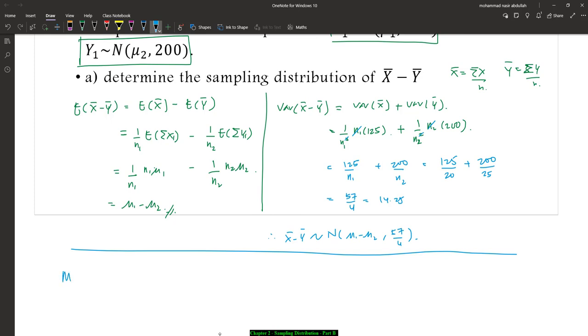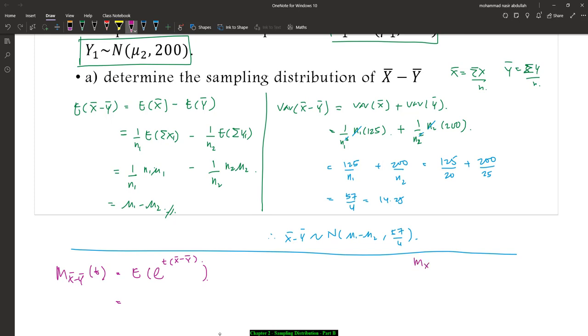So M, I will use another color, M of x bar minus y bar, right? So this one should be expected of exponential t times x bar minus y bar. So we need to know the MGF for x, right?